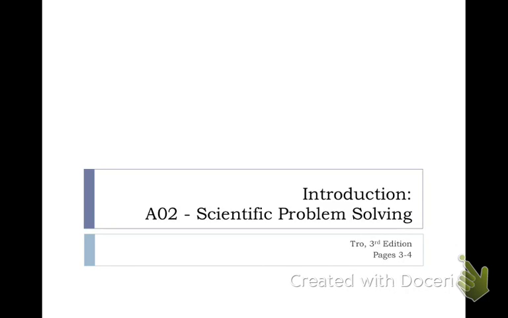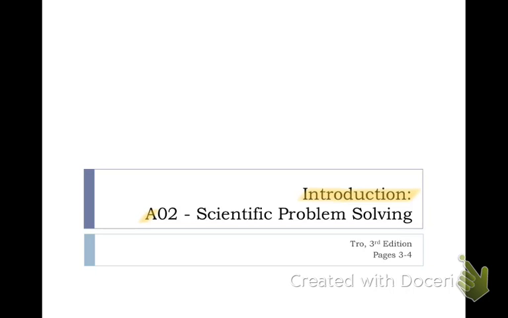Hi everyone, welcome to one of our first videos in AP Chemistry, and this is dealing with scientific problem solving. I just want to make a quick note while we're here, so that you can see what the format is of our lessons. For the first few weeks, we're going to be dealing with the introduction, which gives you a background of basic chemistry, and then we have different subtopics.